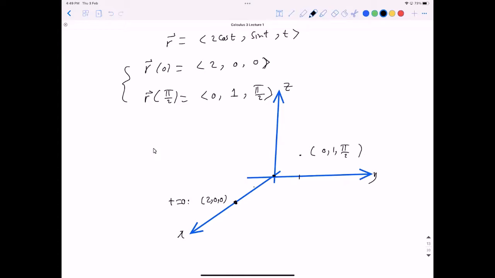So the helix here goes like this, trying to draw a circle but going up in this direction. This is the direction. It goes this way, trying to draw a circle but doesn't finish, it goes up, and so on.